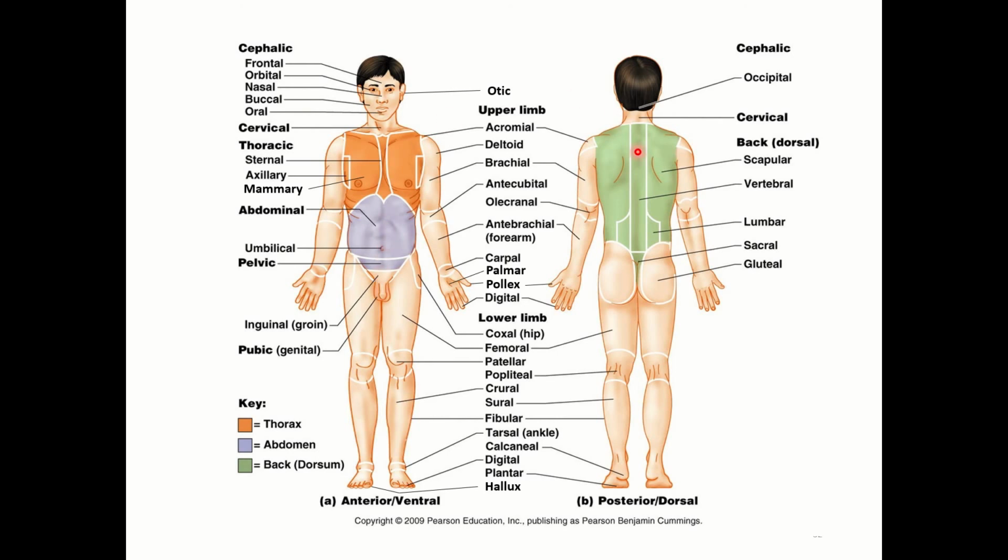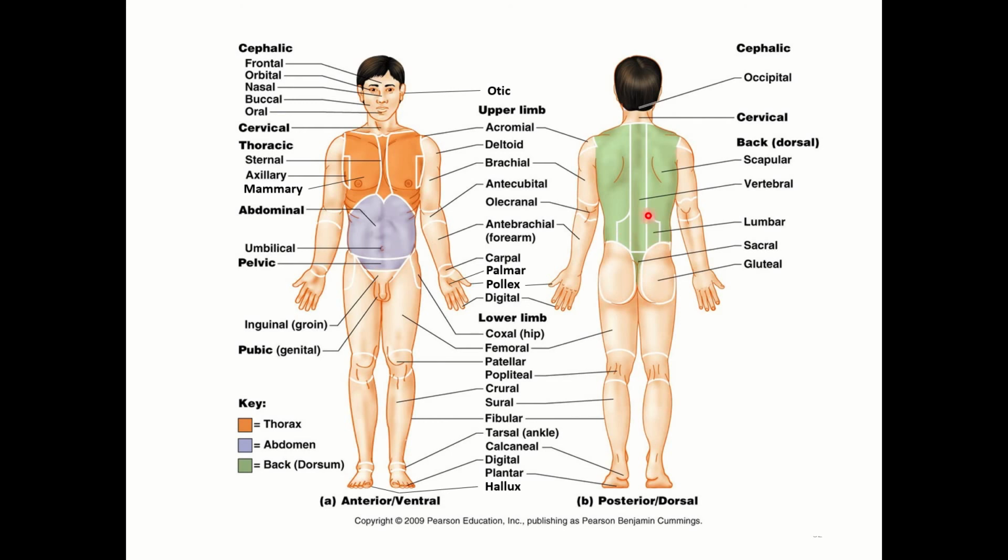On the posterior trunk, we have the dorsal region. The vertebral refers to the vertebral column inferior to the cervical region. So it includes the thoracic vertebra and the lumbar vertebra. Flanking the lumbar vertebra is the lumbar region.